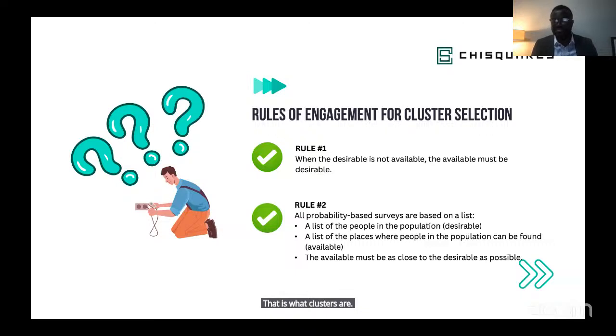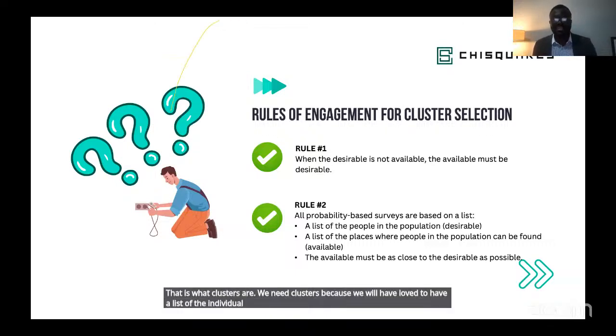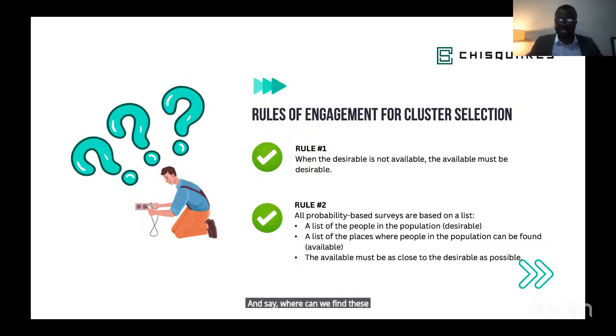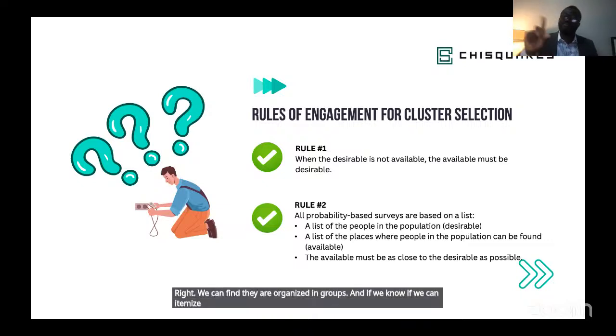We need clusters because we would have loved to have a list of the individual people themselves, but we don't have that list, so we have to go one chain up and say, where can we find these people who live in this country, right? They are organized in groups, and if we can itemize all of those groups and sample those groups, well, then we can get the people who live in those groups, right? So that's the whole idea behind clusters.